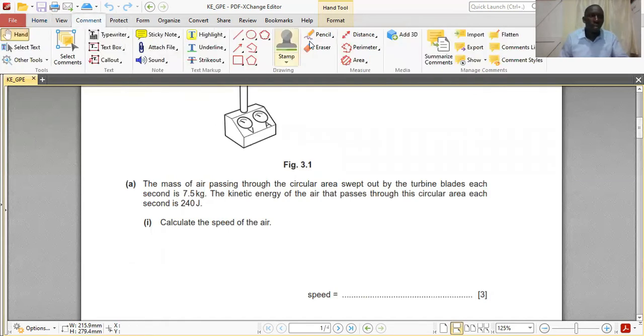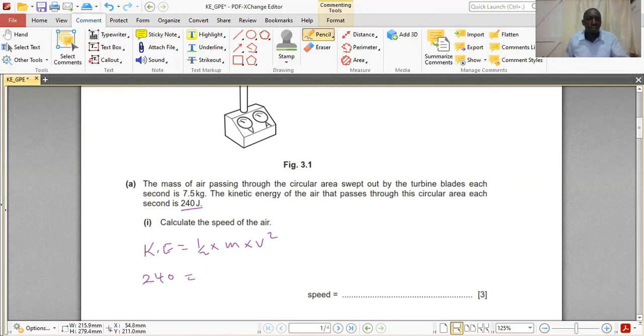So we know from our previous video that kinetic energy is given by a half times m times v squared. Now, the kinetic energy we have been given is 240 joules within 1 second. So 240 equals a half times the mass, which is 7.5, times v squared.